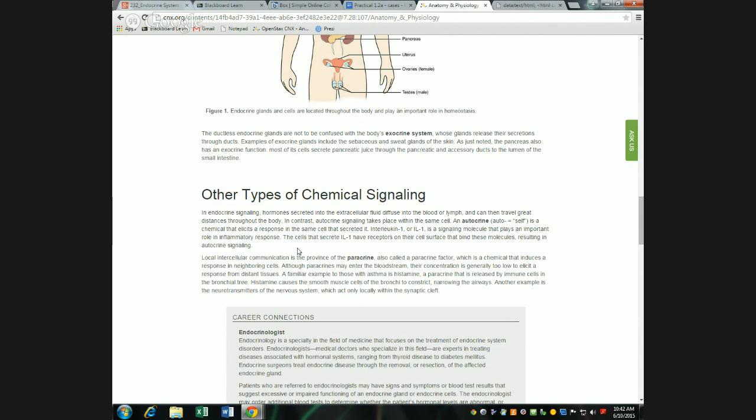It does have an effect further away, but it does have local effects on the cells that secrete it itself, which is autocrine, and on its neighboring cells, which is paracrine. So those are other aspects of chemical signaling, which are really part of endocrine function, still secreting within the body. But they aren't necessarily going through the bloodstream, which is sort of our main definition of what a hormone is, something that travels through the bloodstream.